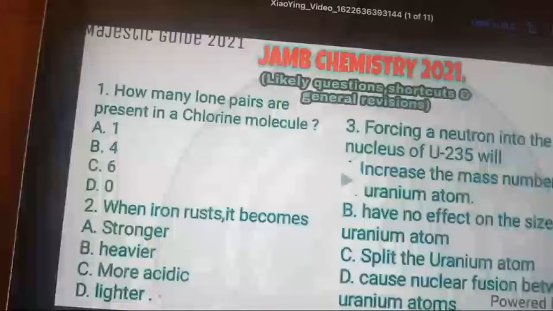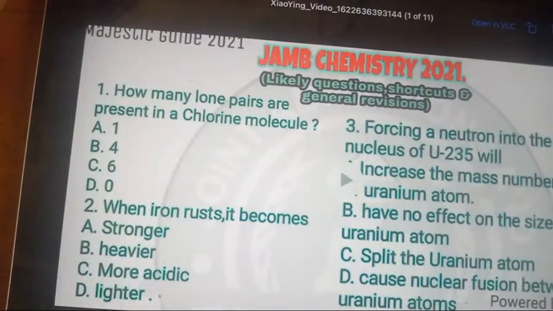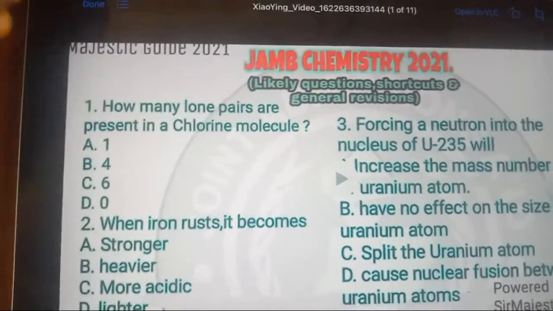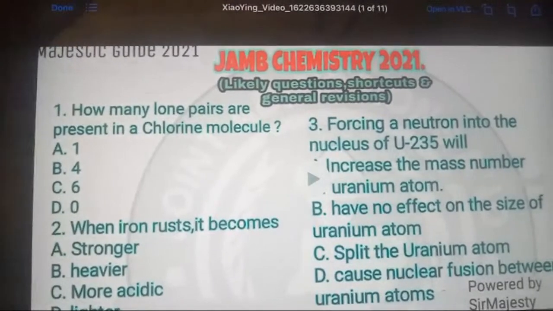Okay, how it will go today is that I will first give you some likely questions, as you can see there on the screen. Then after which you come up with your questions, and I'm here to help you out. Score not less than 90 in this upcoming JAMB and the mock you're about to write also. Remember that I am here to serve you.